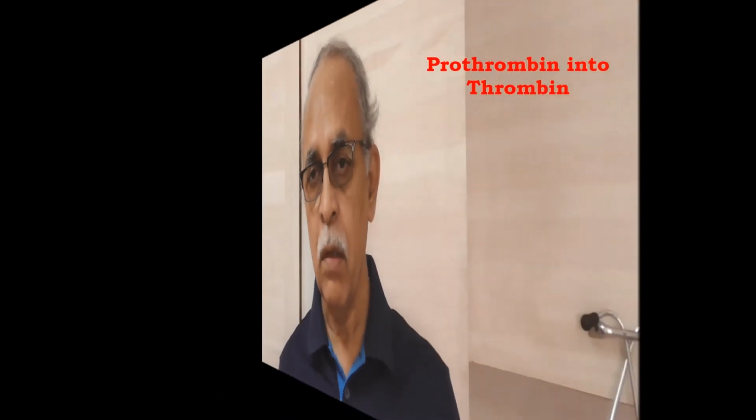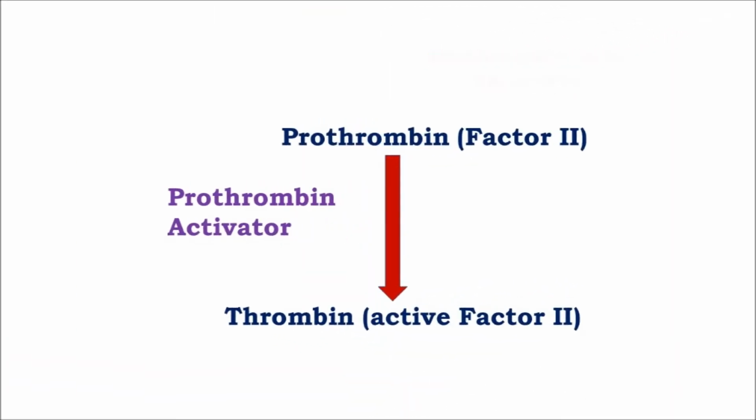Prothrombin activator then converts inactive prothrombin into active thrombin. So prothrombin is converted into thrombin by prothrombin activator. That thrombin then triggers conversion of fibrinogen, an inactive component, into fibrin, an active protein.